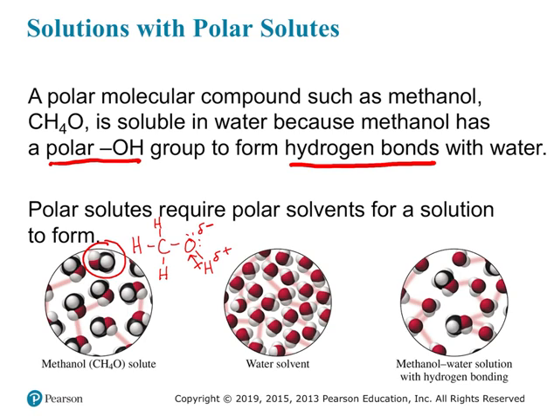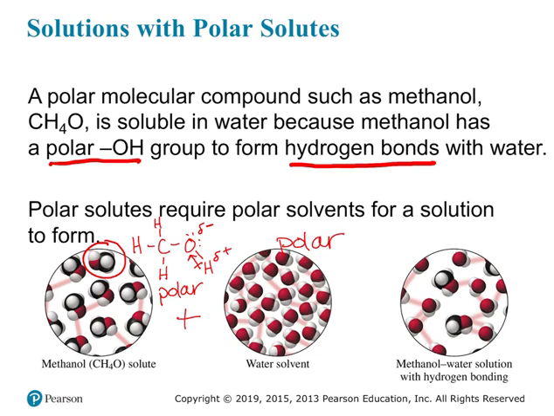So what that means is this is a polar molecule. And then we already talked about how water is polar as well. So if we add these two together, methanol and water, they're going to mix really well.